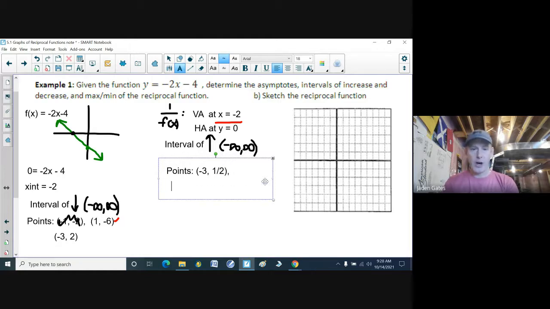The other point on my reciprocal function is I have an x value of 1, but I take the reciprocal of -6, and I end up with 1 over -6, which is -1/6. All right, there we go. So now I've got enough information, because I went through all my 5 points, to graph my reciprocal. Are there any questions so far?